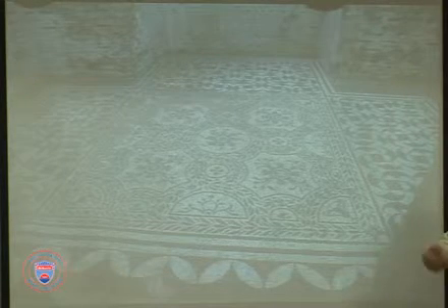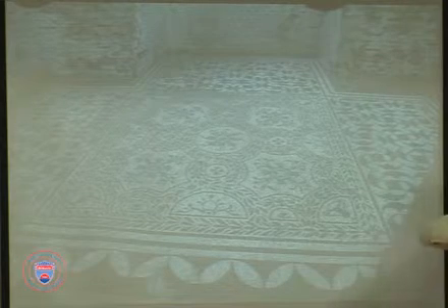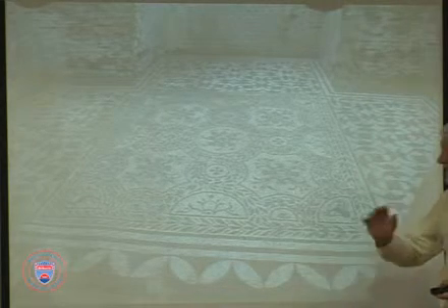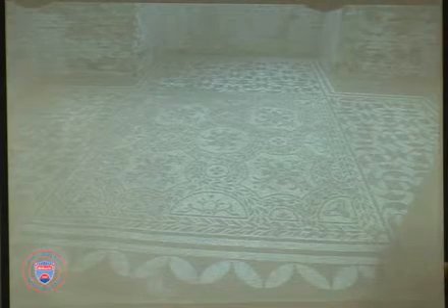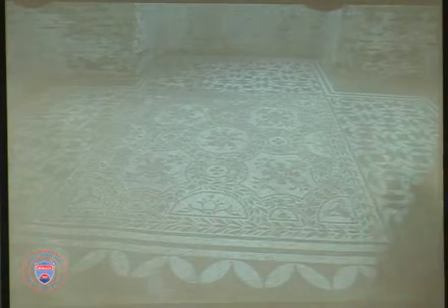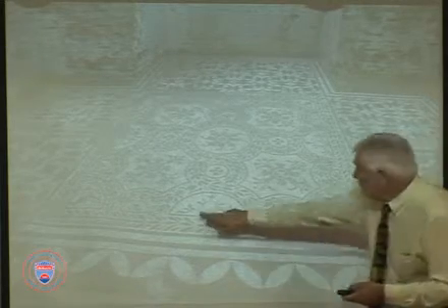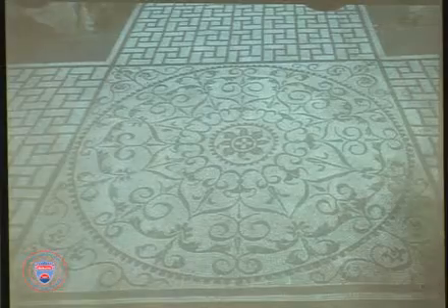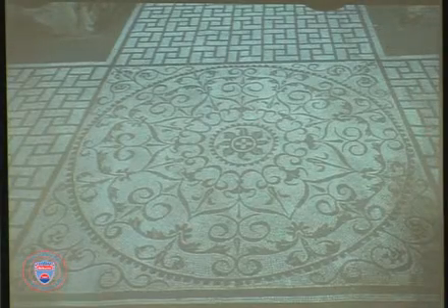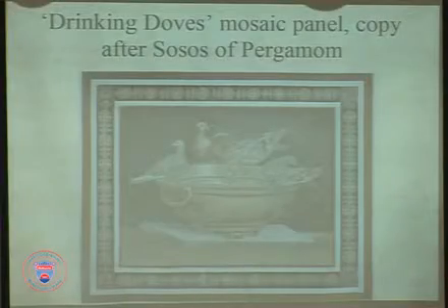Polychrome, coloured mosaics don't become popular in Italy until the time of Hadrian, the Antonine period, going into the 2nd century. So this Italian black and white mosaic tradition isn't a sign of cheapness. It's a beautiful piece of mosaic work there, and another close detail there, showing you just how beautifully airy it is.